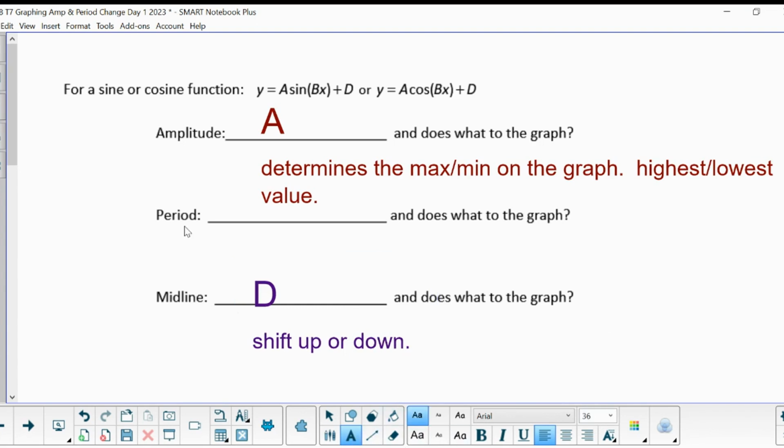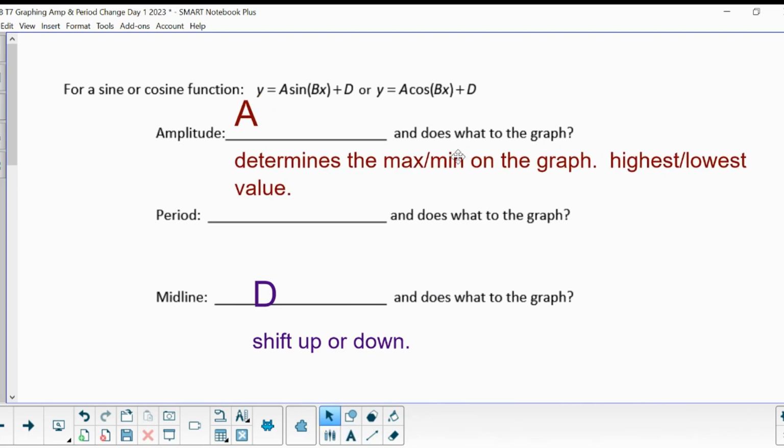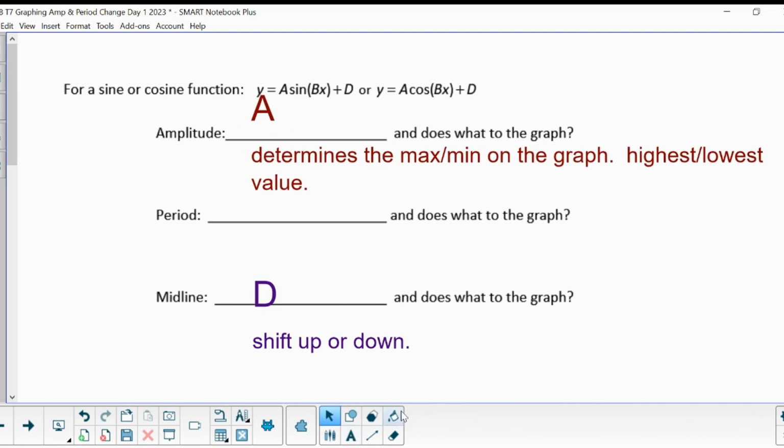And then the period of the graph is actually not B. It feels like it should just be B, but it is not. If you think about the sine curve, the period was 2 pi, but the B value was equal to 1.